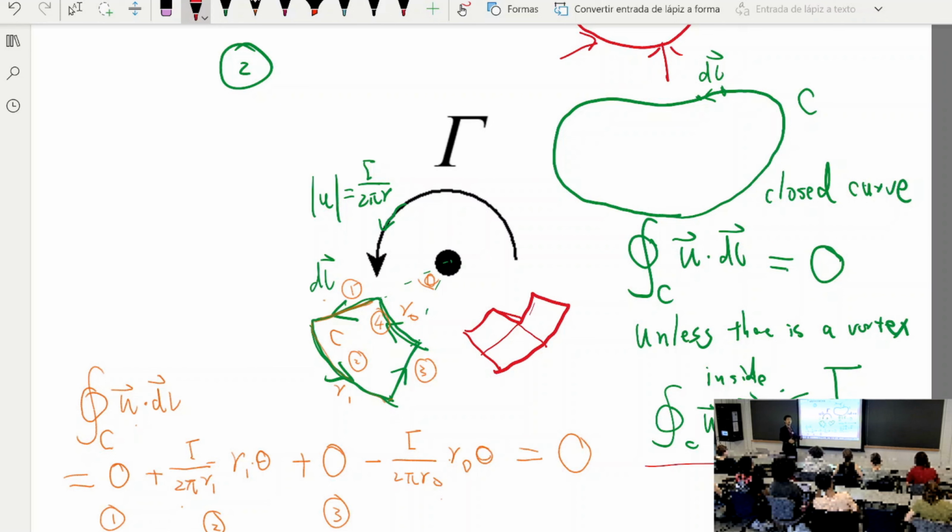And of course, if the curve includes the center, then you just take a middle section and exclude it. We know the integration around the middle section, by the definition of circulation, has to be equal to gamma. And the rest of the integral can be broken up into pixels and integrates to 0. So this actually proves that this is true for the flow with a single vortex.